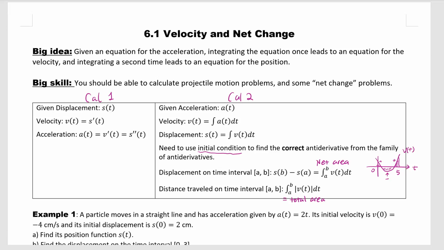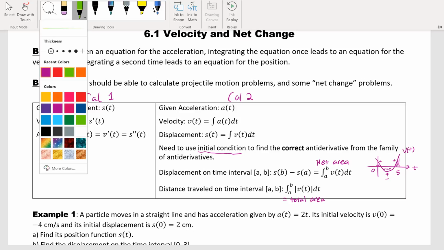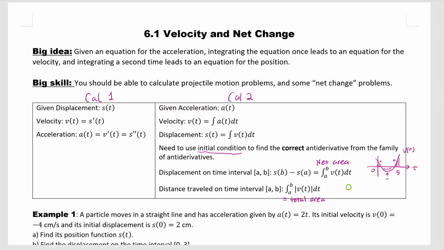How do you find the total area? First of all, you need to find the t-intercepts. Then you need to know what the velocity looks like, when it's above the t-axis and when it's below the t-axis. When the function is below the t-axis, we want this area to be positive, so we flip it over to make it positive.